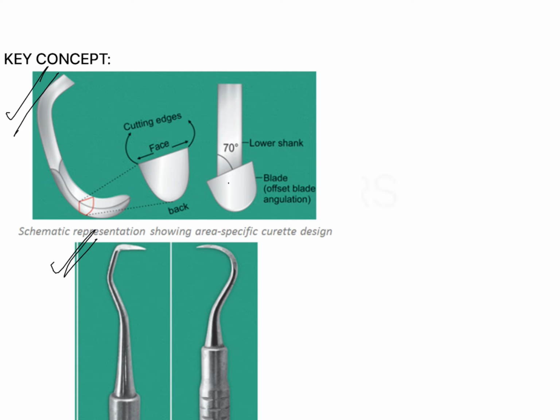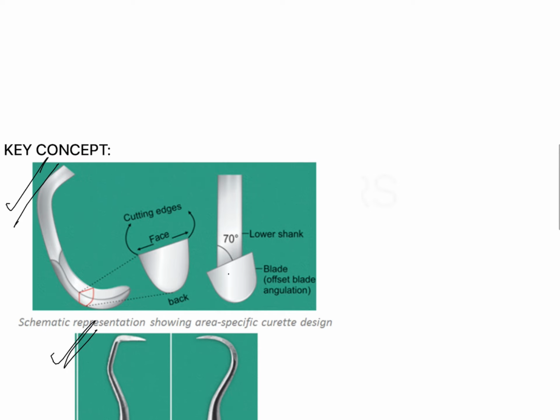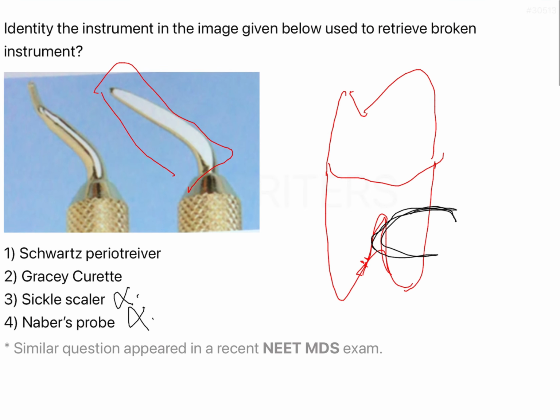That is why these instruments are used for root planing, removal of subgingival calculus, as well as removal of granulation tissue from the gingival sulcus. So again, Gracey curette is out.